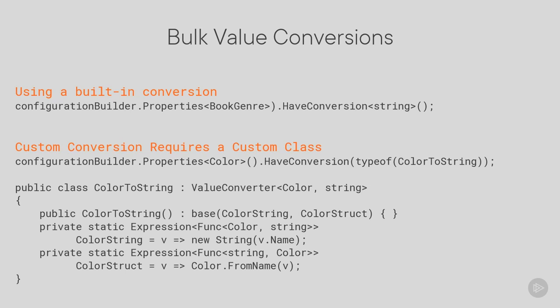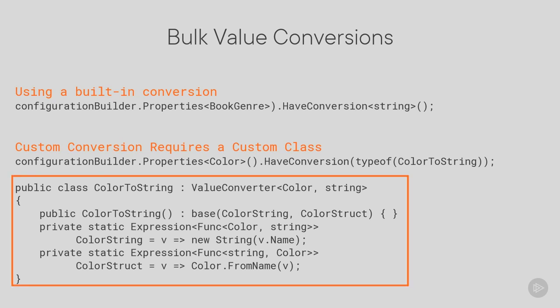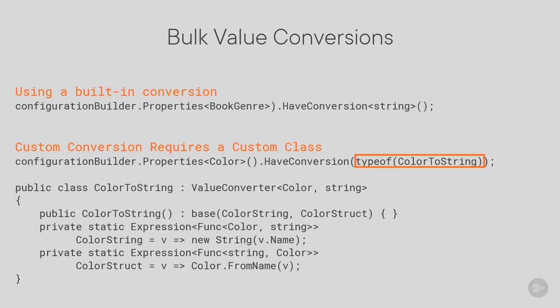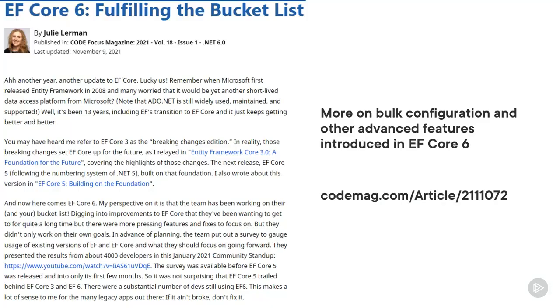The reason for that has to do with an advanced feature for pre-building the model that I'm not covering in this course. So if you want a custom conversion that applies to many properties, you'll have to create an explicit value converter class and pass that into the HaveConversion property. You can see more about how to do this not only in the EF Core docs, but in my Code Magazine article called EF Core 6 Working on the Bucket List, which I'll link to at the end of this module.